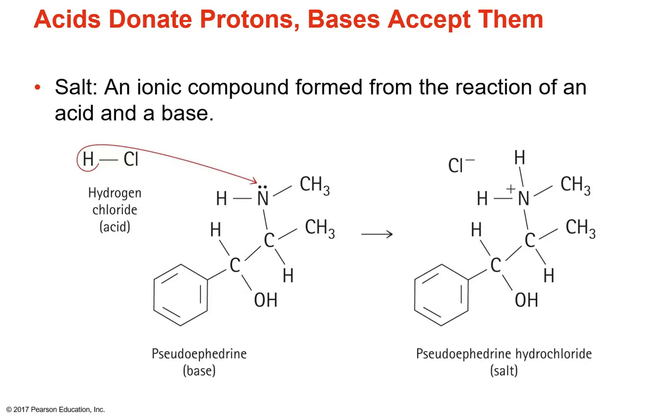Here is one that is near and dear to our hearts, probably. When you get a cold, you like to take something like pseudoephedrine. Why pseudoephedrine instead of ephedrine? I've never watched Breaking Bad, honestly, so I don't know exactly what they do there. But my understanding is they cook meth.